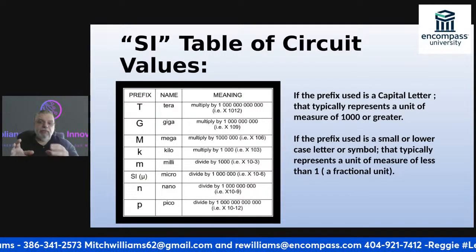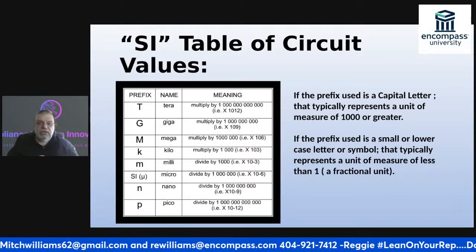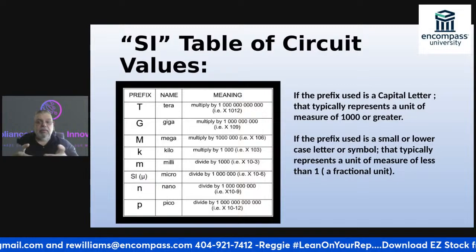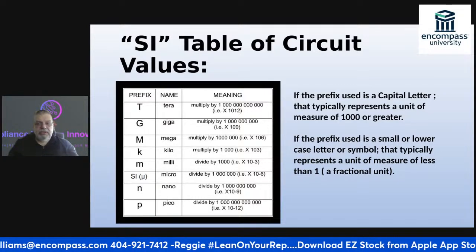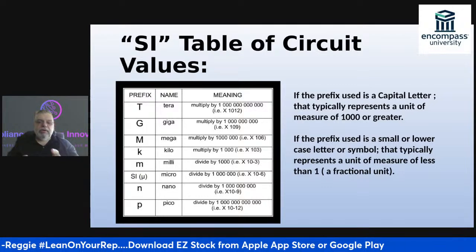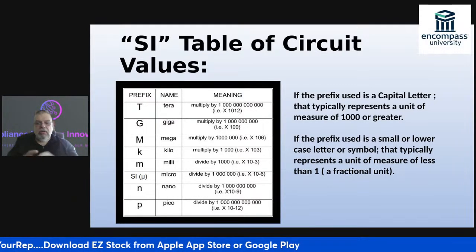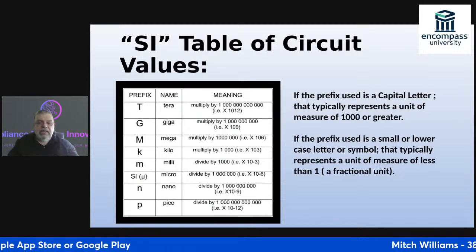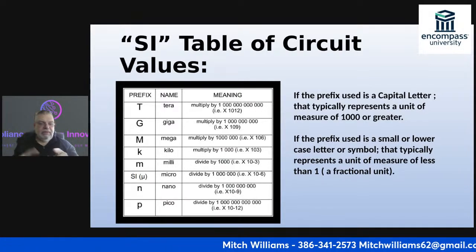If the prefix used is a capital letter, that typically represents a unit of measurement of 1,000 or greater. If the prefix used is a small or lowercase letter or symbol, that typically represents a unit of measure of less than one. It's a fraction.